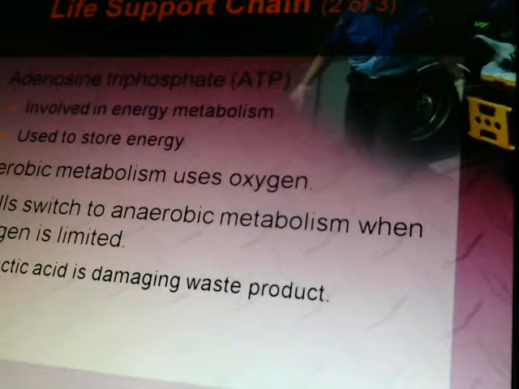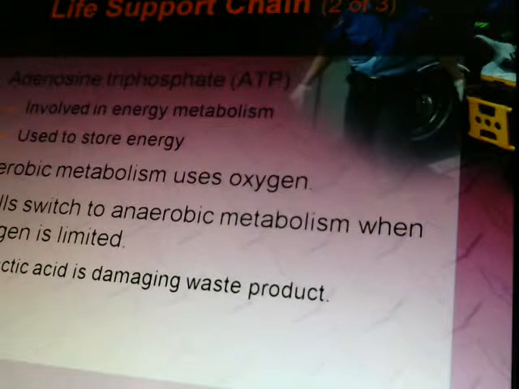Adenosine triphosphate, or ATP, is involved in energy metabolism and used in stored energy. You have aerobic metabolism, which uses oxygen. Cells switch to anaerobic metabolism when oxygen is limited. So aerobic metabolism uses oxygen. Anaerobic means limited oxygen.